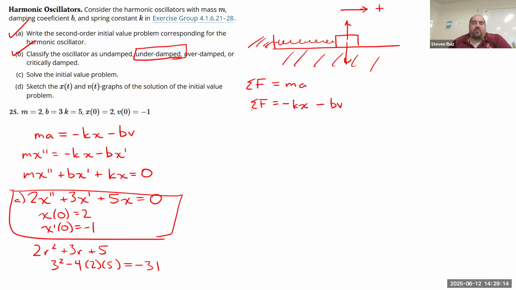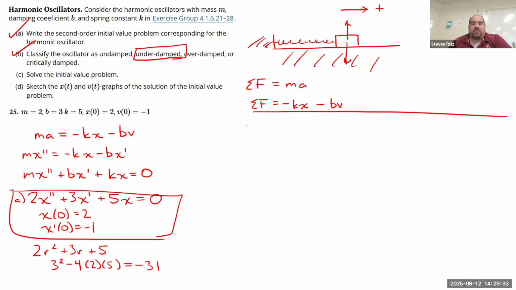All right, next, we're going to solve this problem. We've written a homogeneous second order differential equation. How do we solve these? No different from the other ones we've solved. We want to solve this characteristic equation.